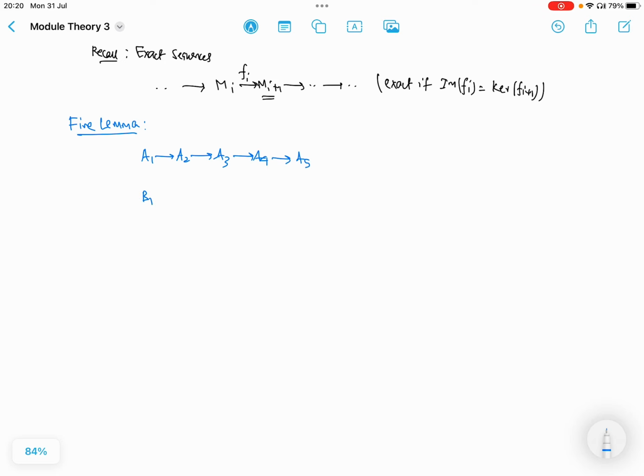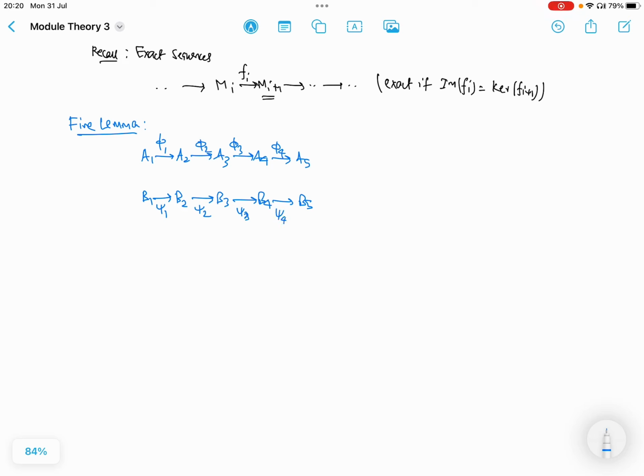And in the second row you have B1 to B2, B3, B4 and B5. And in between call these maps say phi 1, phi 2, phi 3, phi 4 and here it is psi 1, psi 2, psi 3 and psi 4.